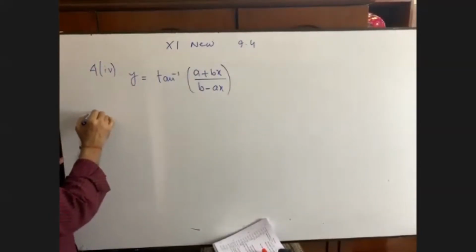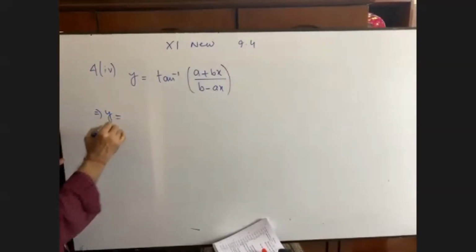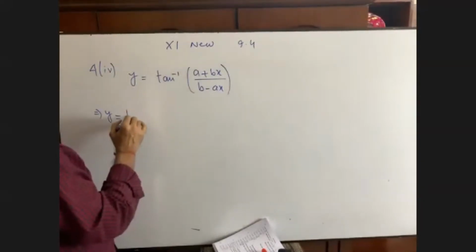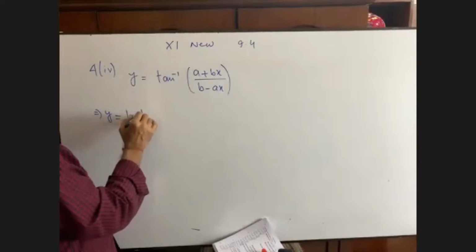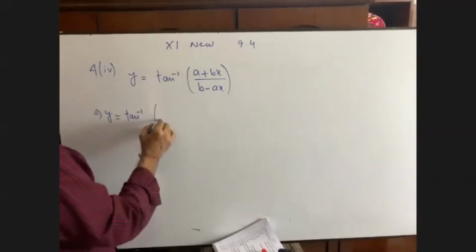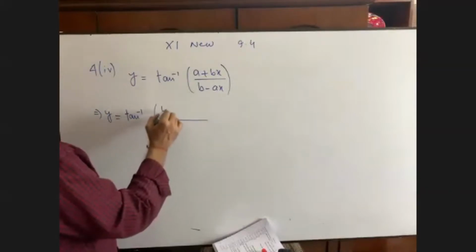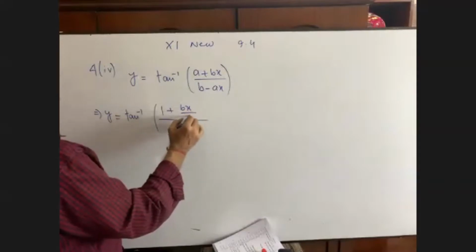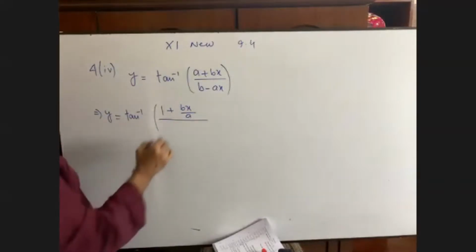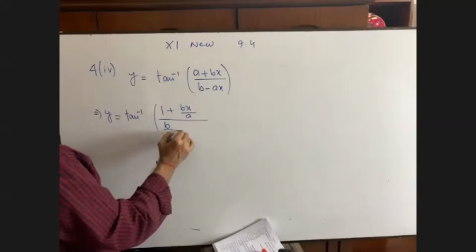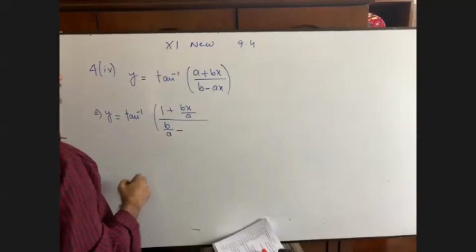Or you write down y is equal to tan inverse... you go for dividing by a. Then 1 plus bx by a, b by a minus what? x.